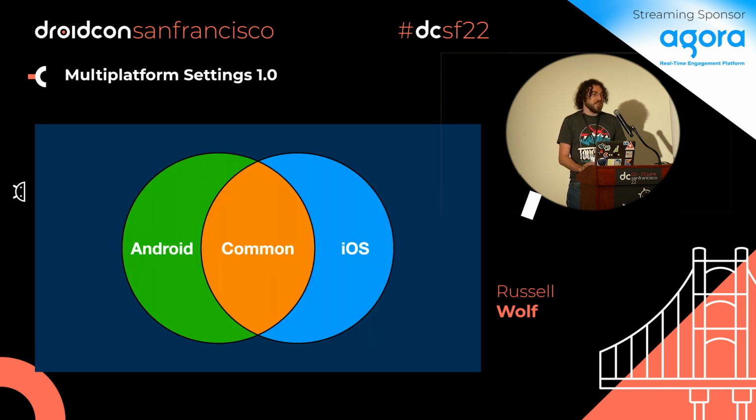So it gets you this kind of Venn diagram of code sharing, where the left side here is the Android side, the Android Kotlin that you're used to writing if you're an Android developer. And you can pull out a chunk of that that is platform agnostic, and move that into your common code, which you can then integrate onto the iOS side.